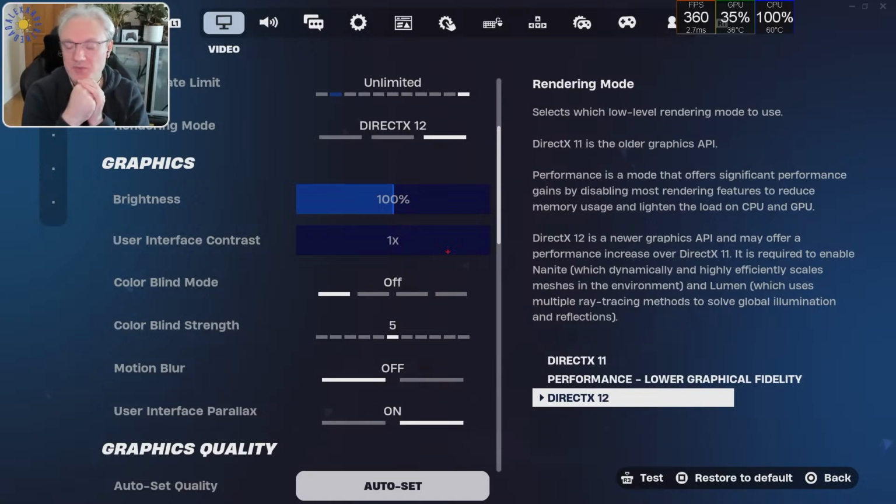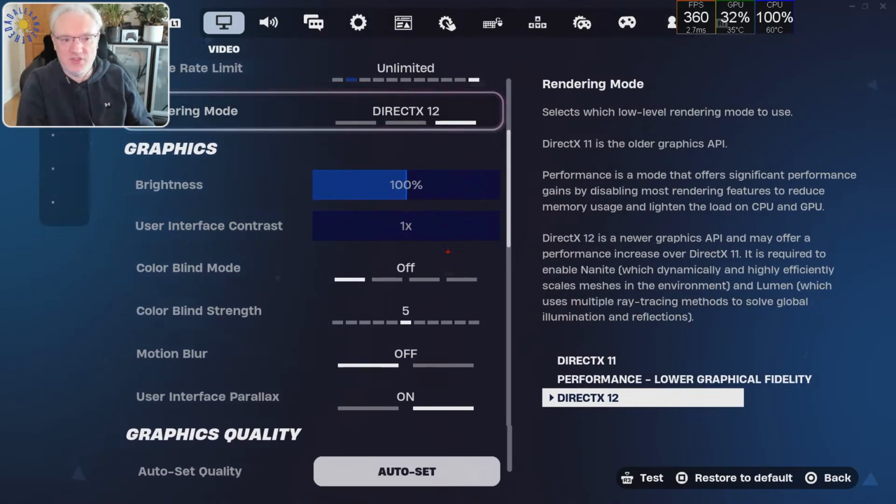Yeah, I've been using performance mode probably for the last 4 years, maybe. I used DX12 last season just because the performance mode was broken with the hitching, but that seems fixed now. So DirectX 12 will give you 1 millisecond worse latency, but it is smoother. You will get less FPS drops.